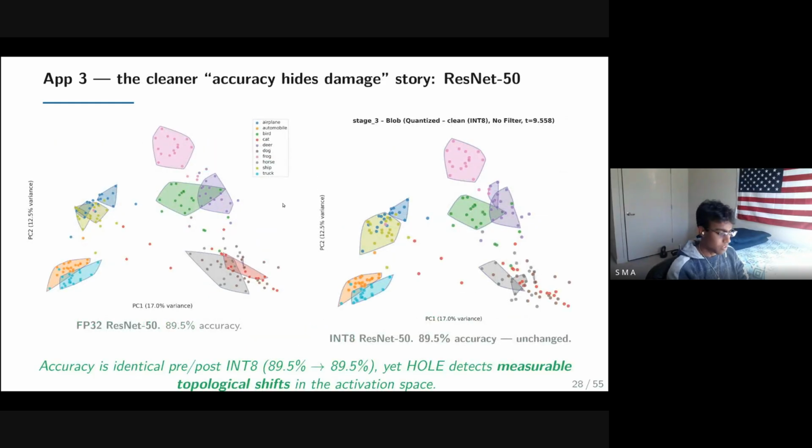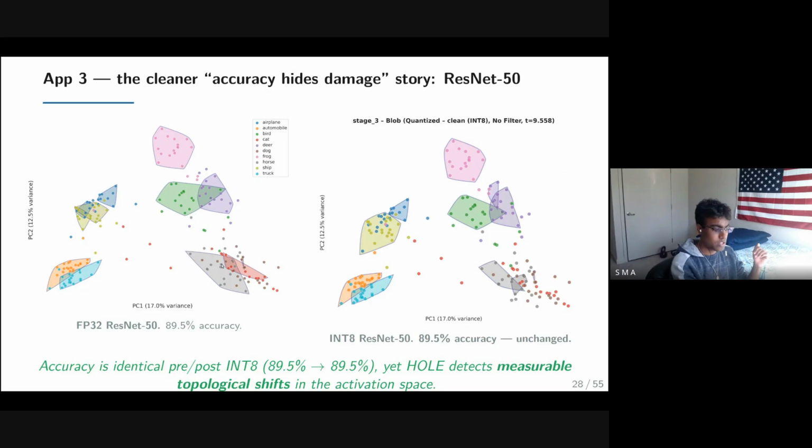And here's another example which tells you the same. The accuracy was the same when we used ResNet-50 with full precision and INT8 precision. It was completely the same. But when you look at the manifold, it changes completely.